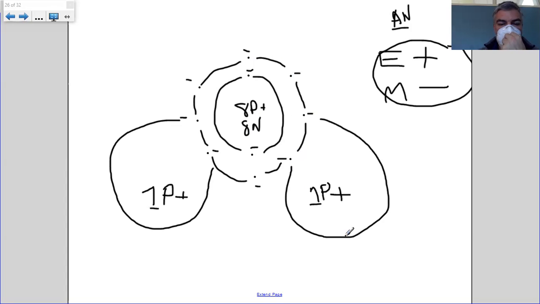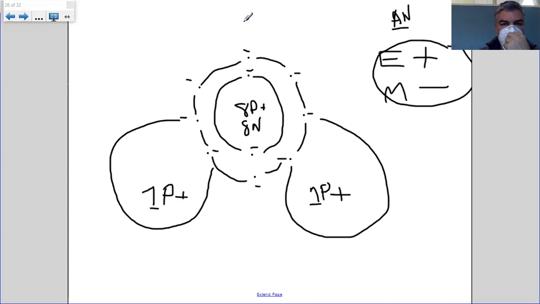So the electrons aren't going to be orbiting the proton for the hydrogen anymore. They're going to be orbiting mostly the oxygen. Occasionally maybe they'll stray and jump over here, but they're really going to be staying over here. But the hydrogen's still covalently bonded to this oxygen.